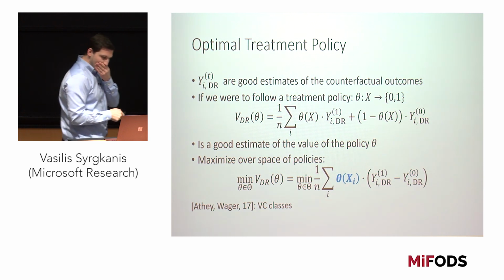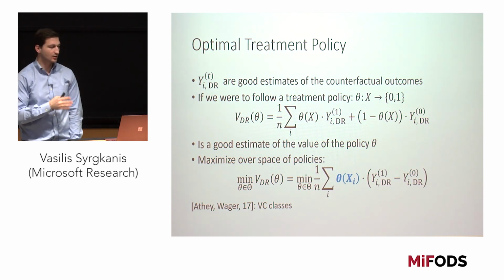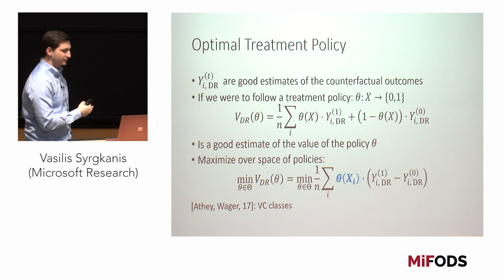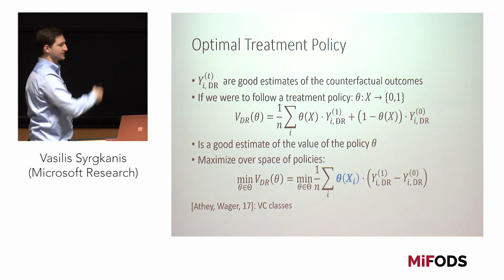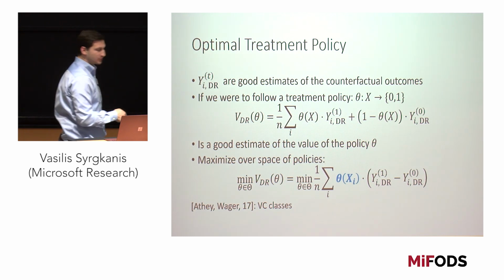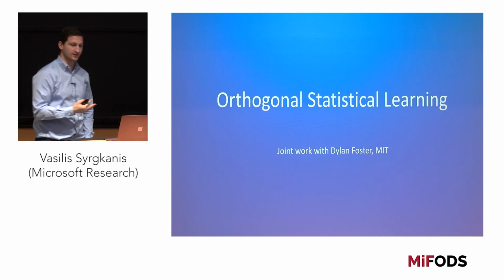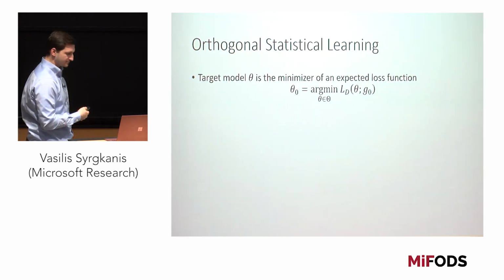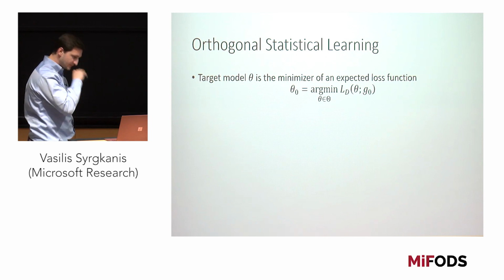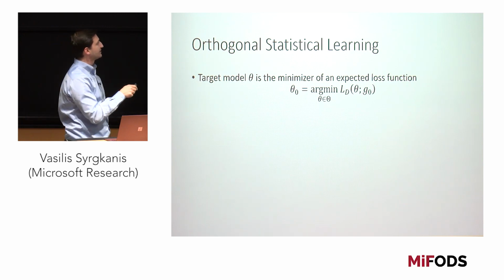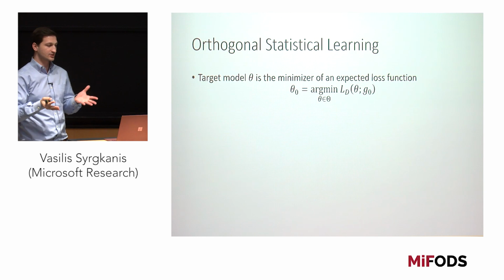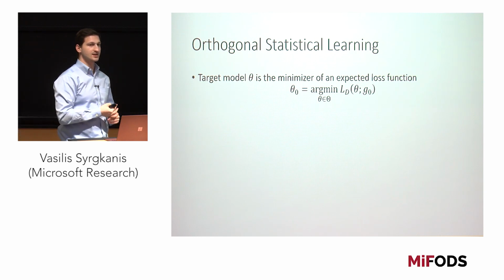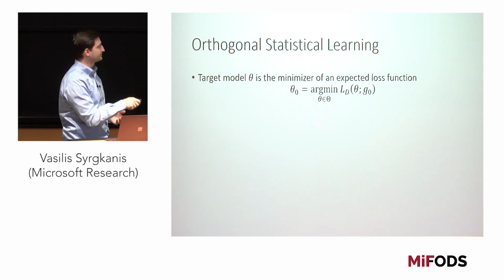Okay. And so all these prior works led us to formulate a general version of all of these results, which we call orthogonal statistical learning. And so here's the general setup. You have a target model theta that is defined as the minimizer of some population loss function.